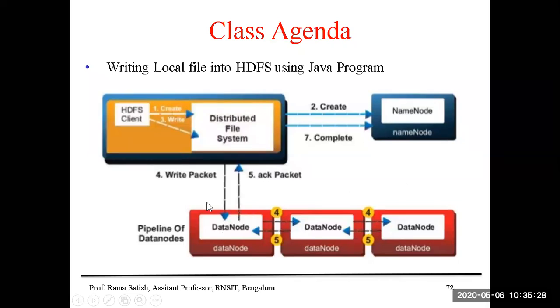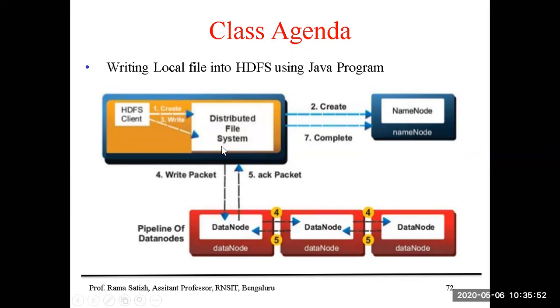But remember, whenever you give the data to write, the data first goes to the name node, and the name node tells where exactly you have to put the data. It gives the entire plan of how the data should be written.